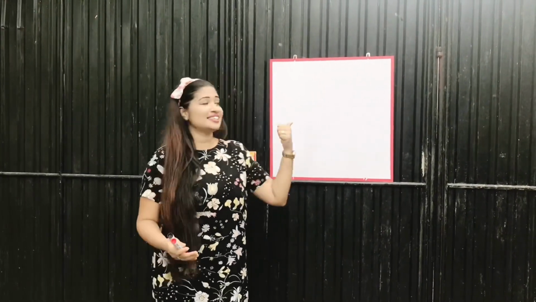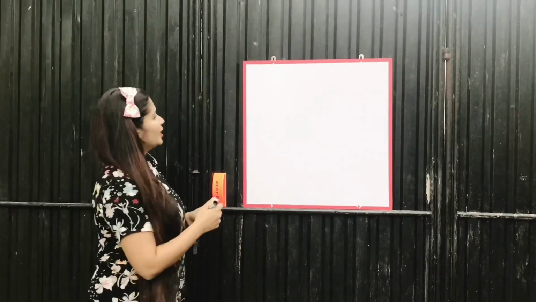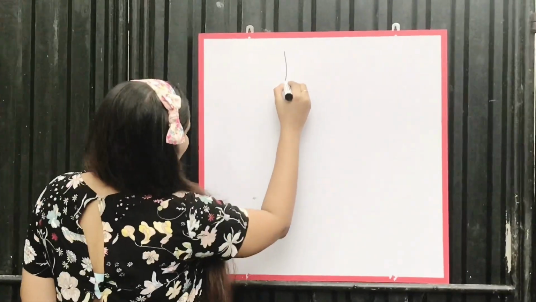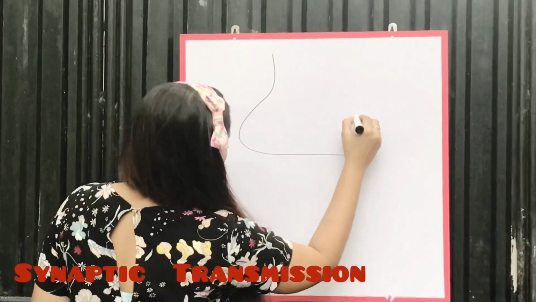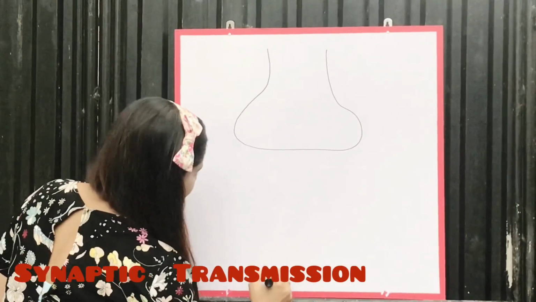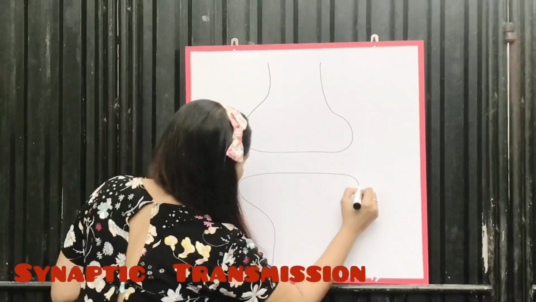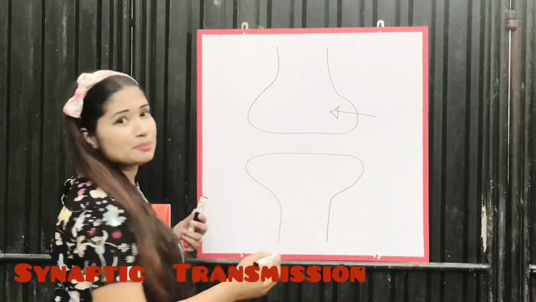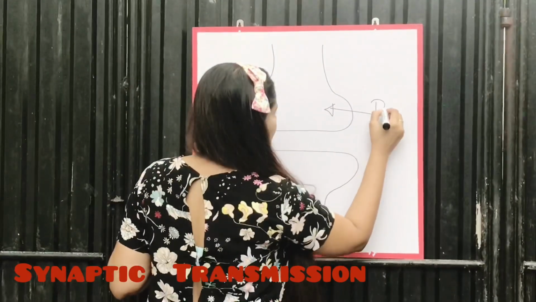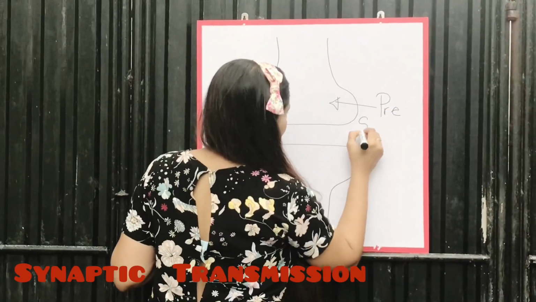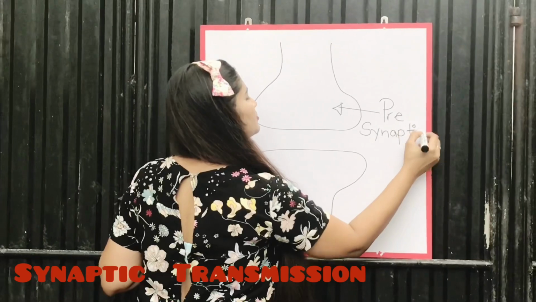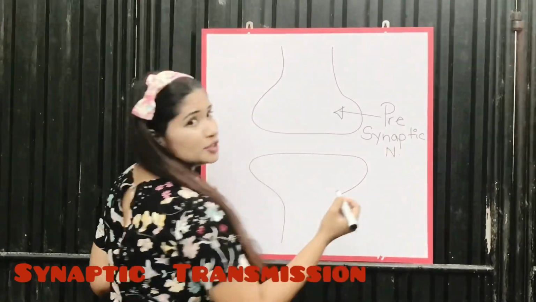Okay, let's see the process of synaptic transmission. First of all, we need to make the drawing. So this is the presynaptic neuron. Presynaptic neuron.